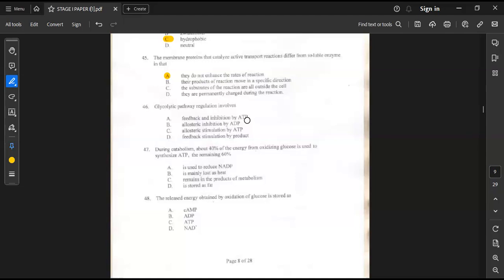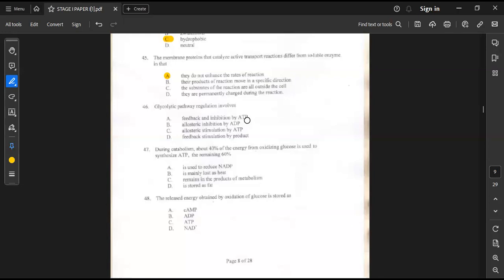And there are 3 key modulators that act on that rate limiting step to alter glycolysis. The first two are ATP and citrate. ATP and citrate act allosterically on PFK to inhibit its action, hence inhibiting glycolysis.